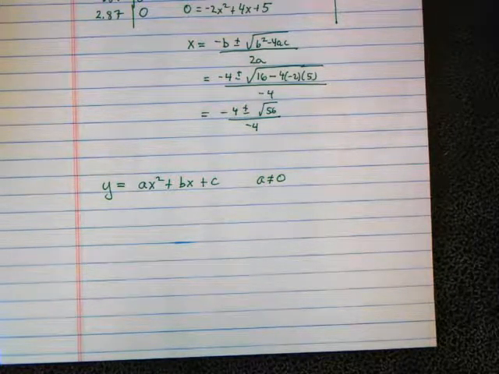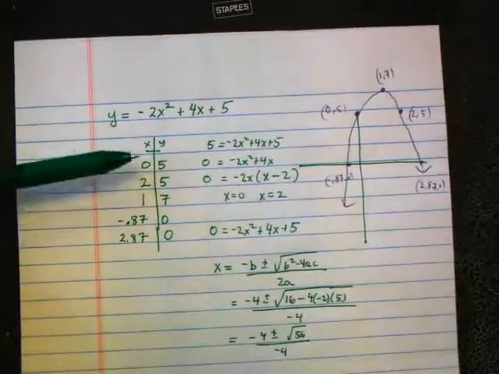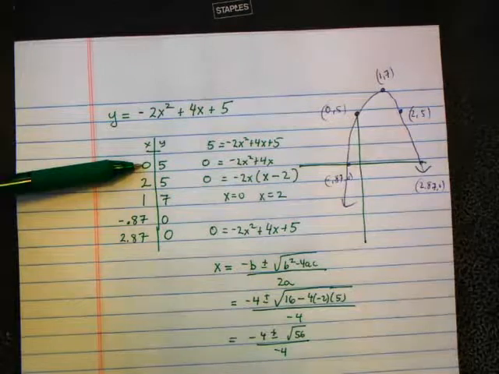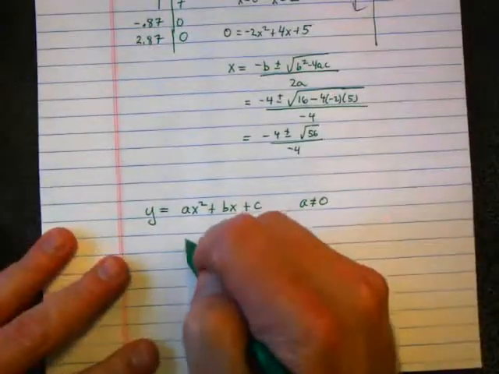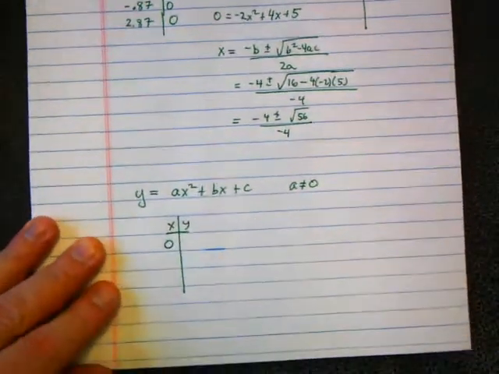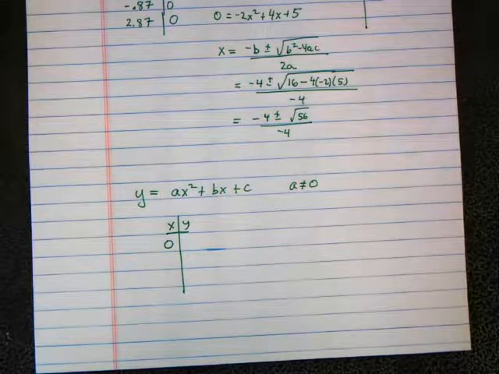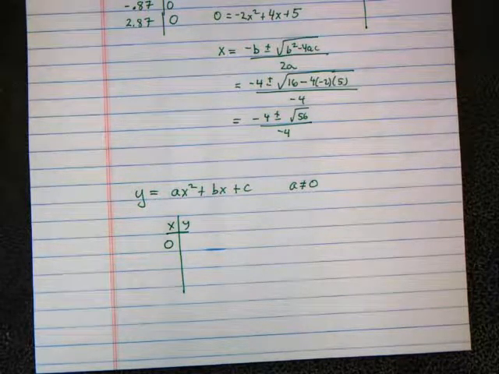All right, so what did we do before to find the vertex? First we plugged in 0, didn't we? So let's build a table and plug in 0. What do you get when you plug in 0? I get the y-intercept in this case.